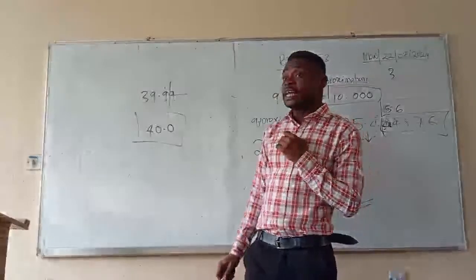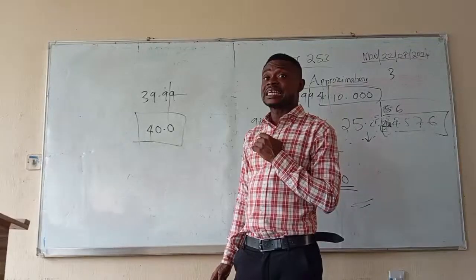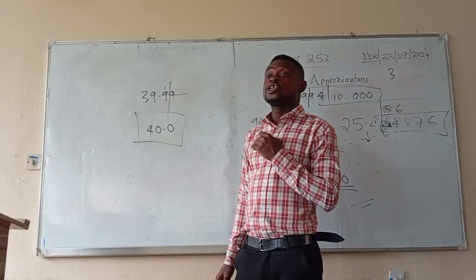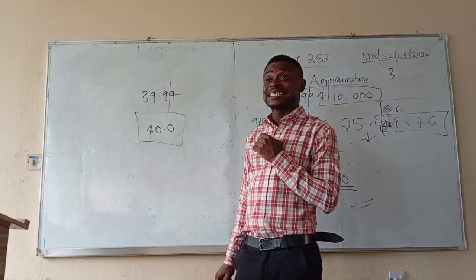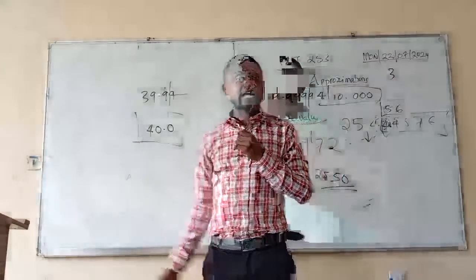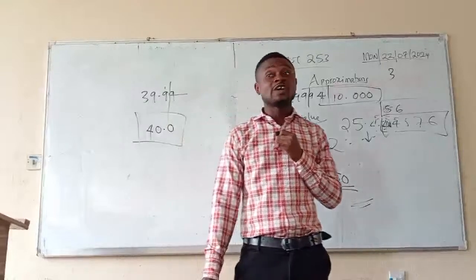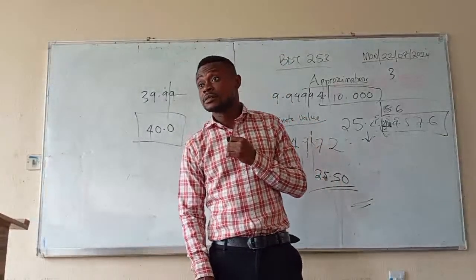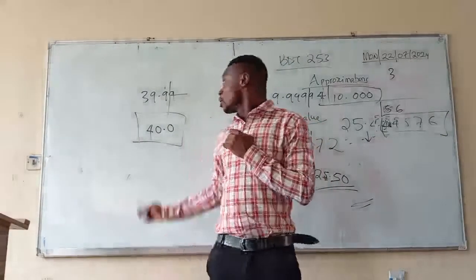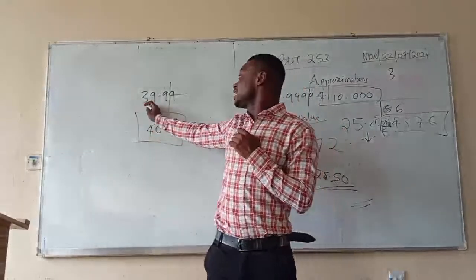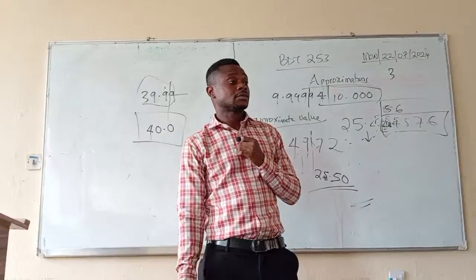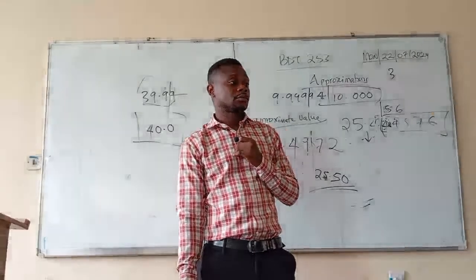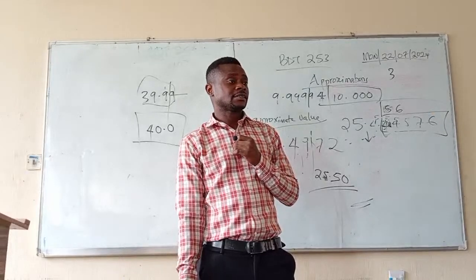Nearest what? 100. To the nearest 100. The 100 that is closest to it. Even though you rarely see this type. How do you write it?